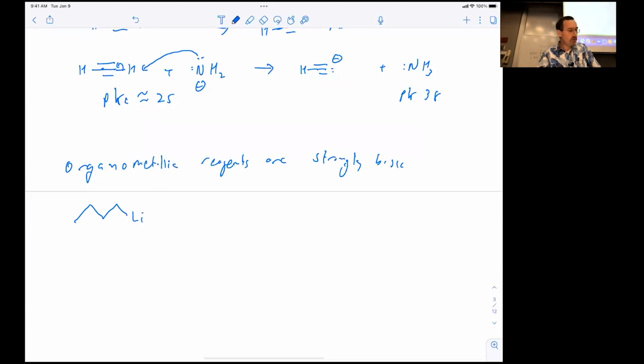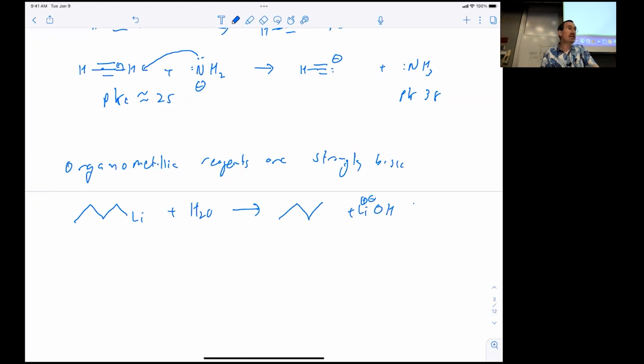So if I take butyl lithium and I add it to water, I go ahead and generate butane plus OH minus, or technically lithium hydroxide, I guess I could write.